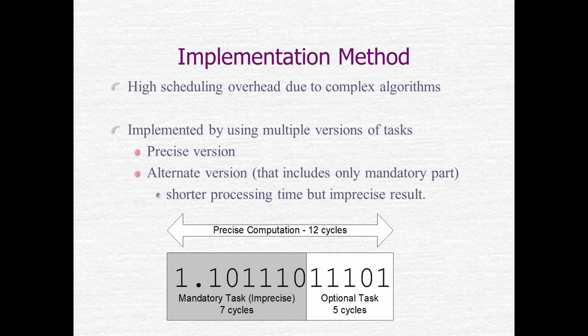Shorter processing time but imprecise result. What will be the benefit if we consider only the precise result? If we consider only precise, that accuracy will be there. But if we consider only the mandatory part, then the processing time will be small but the result will not be so accurate.